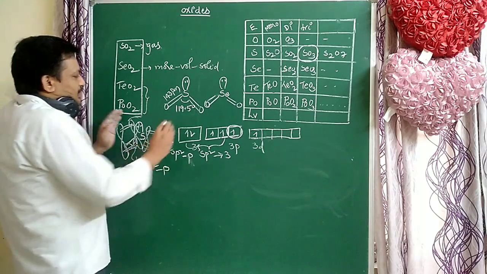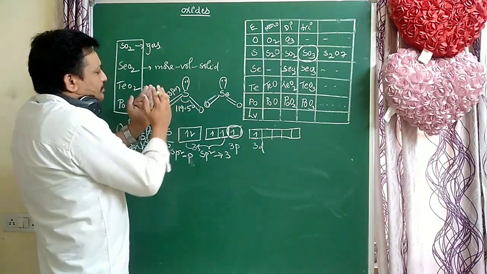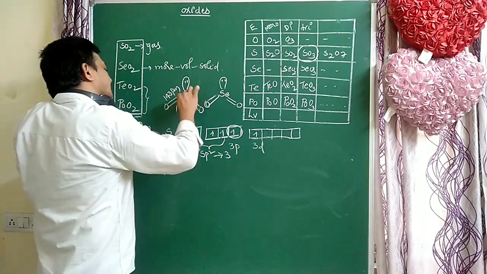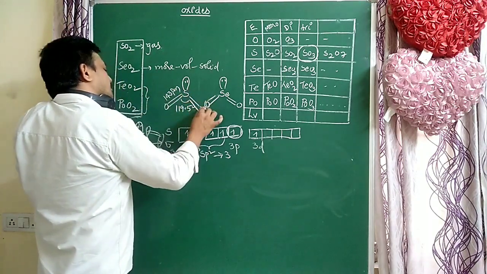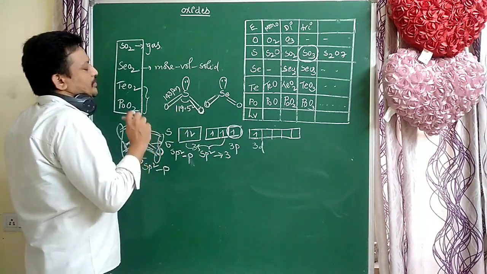Why? Because there are multiple bonds. Pi bond repulsions are much greater when compared to single bonds. That's why the bond angle is only slightly decreased.